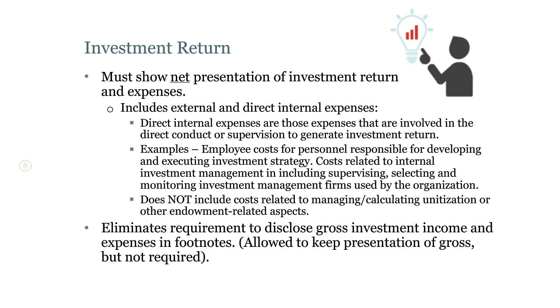So when deciding on internal expenses to include, these expenses should be involved with the direct conduct or the supervision to generate investment return. So right now, I think it's time to ensure that you can easily identify any direct internal expenses that will need to be reclassified against investment return.